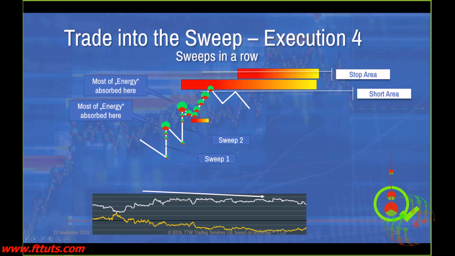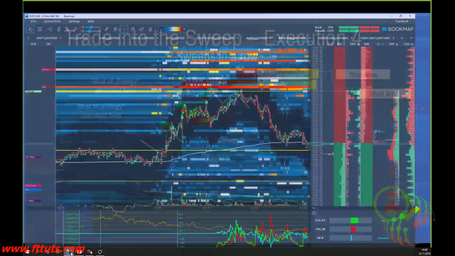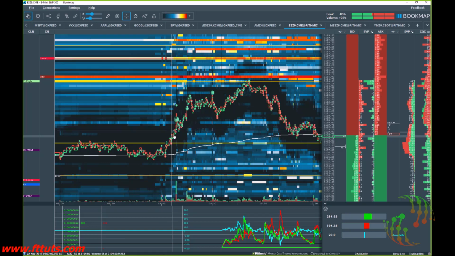Then retracement, and then we are looking for the liquidity. Look here. What is happening? Therefore, I would like to motivate you to go over these variations and executions because they are very common.